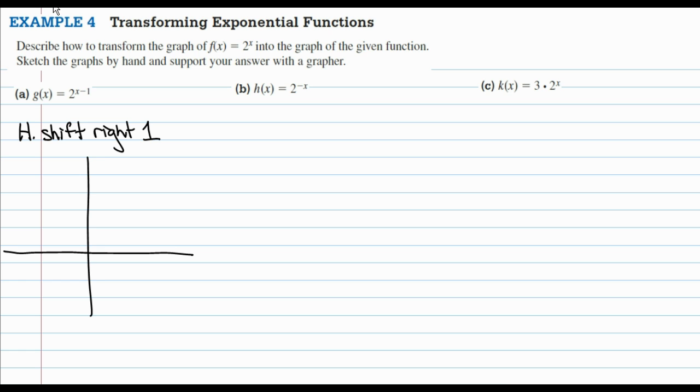Okay, so the basic function y equals 2 to the x, if I plug in 0 for x, we'll cross the y-axis at 1. So instead of 0, 1, now that graph is going to be at 1, 1, because it got moved over to the right.